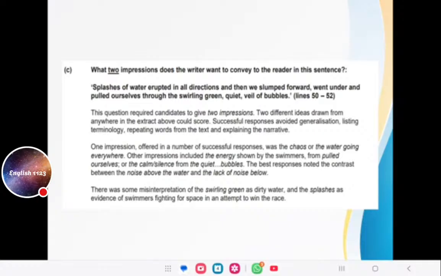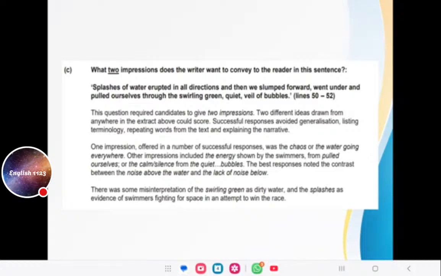If you are going to explain the word erupted, or the impression of quiet, or of slumping forward, and you are using those words from the text, it is very difficult to get marks, because you are generalizing and copying the words from the text. So you don't have to repeat the words or the terminology, or write the words from the narrative of the text. Basically, you will have to explain the impression.